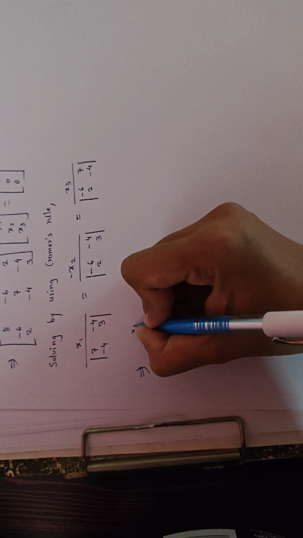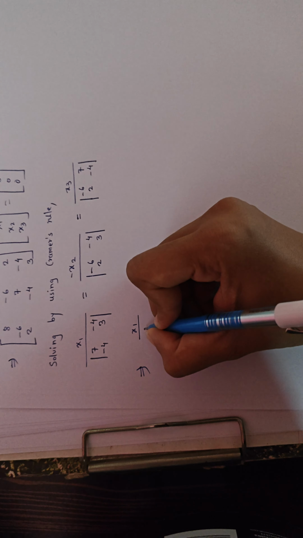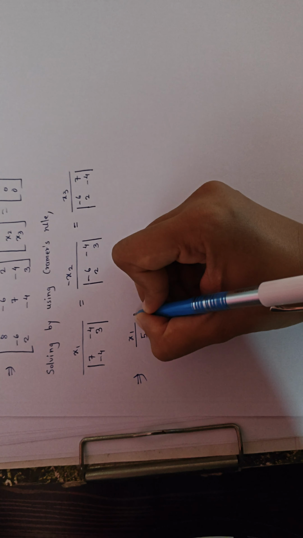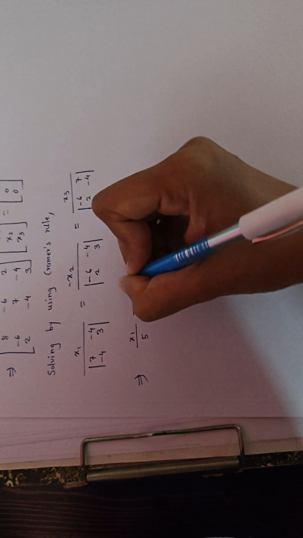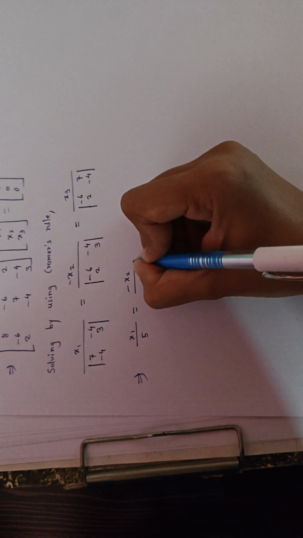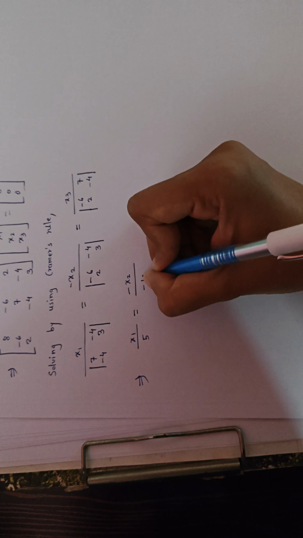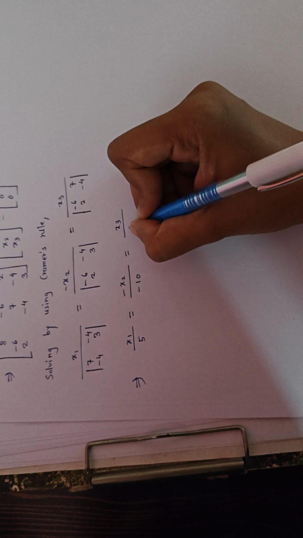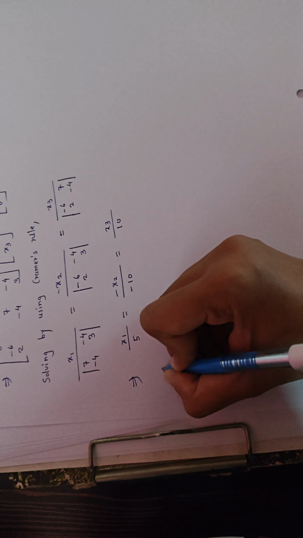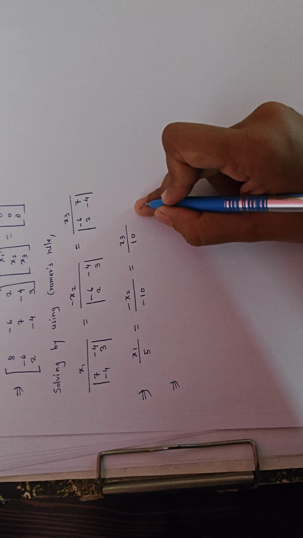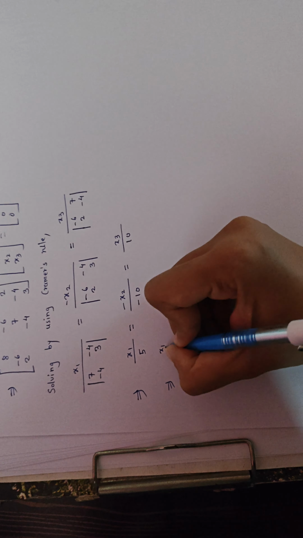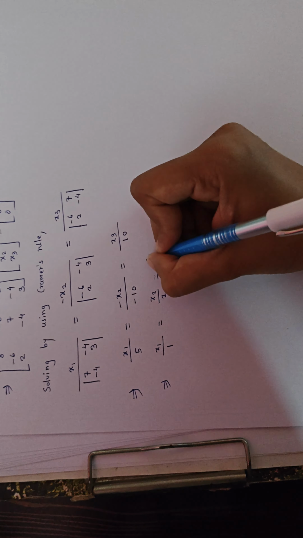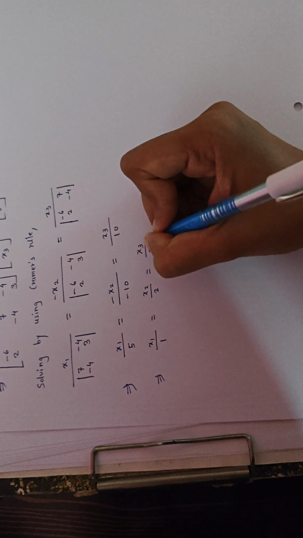So this implies x1 upon 5, minus x2 upon minus 10, x3 upon 10. So multiplying this with 5, we get x1 upon 1 is equal to x2 upon 2, which is equal to x3 upon 2.